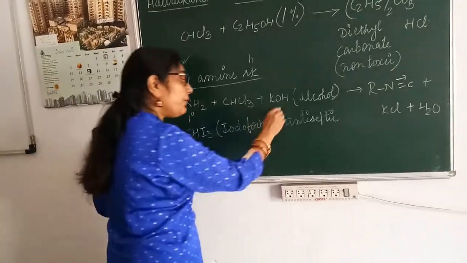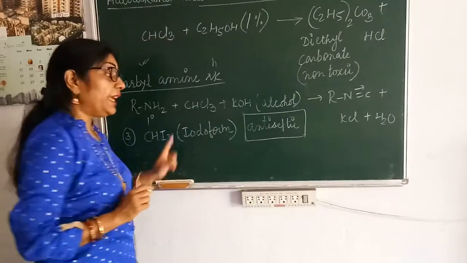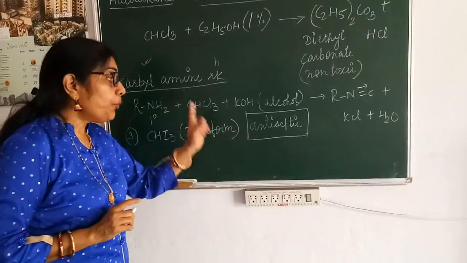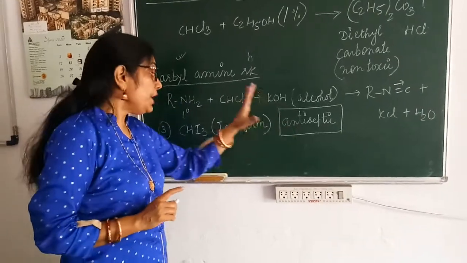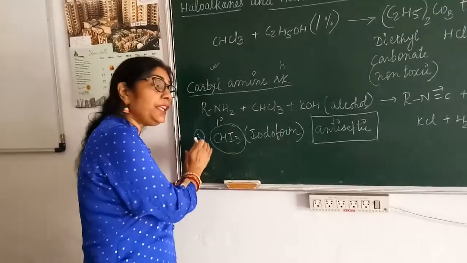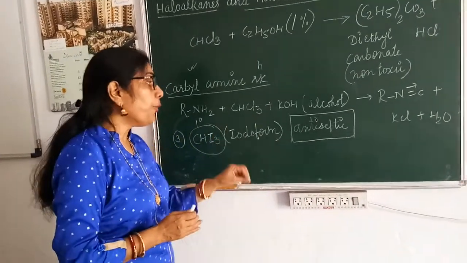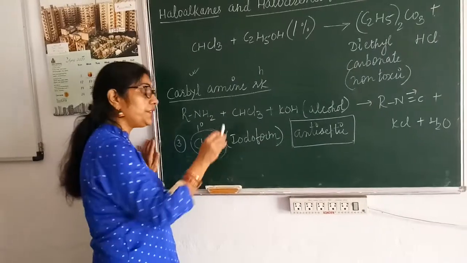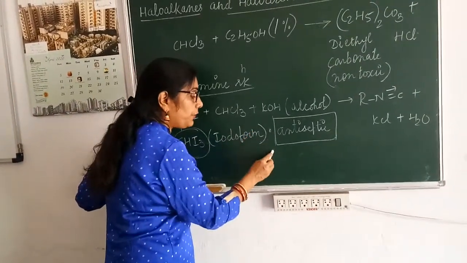Here it is specifically given that it is used as an antiseptic, and the important point is that its antiseptic behavior is not because of iodoform itself, rather it is due to liberation of iodine. So the important role here is played by iodine. How can you mention two uses here?